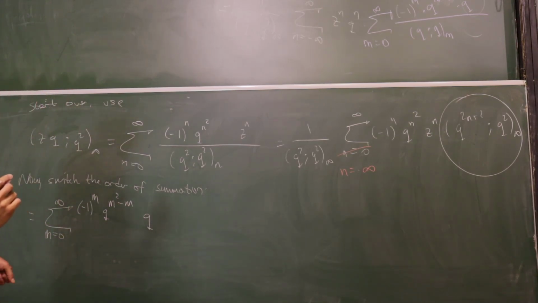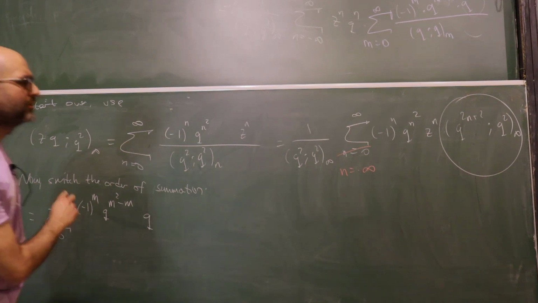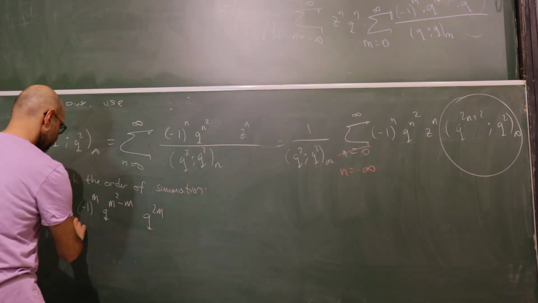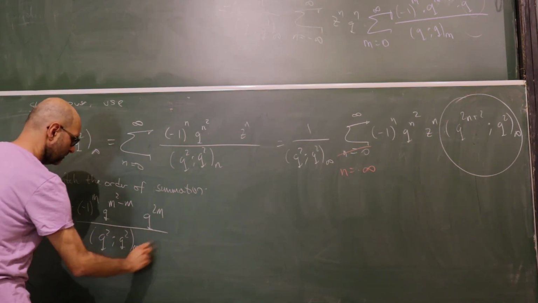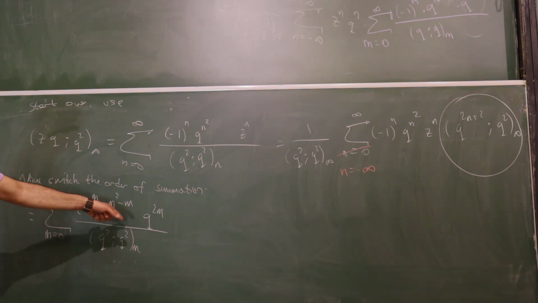What is it? We don't have any z's, do we? No. q to 2m. But we will get more z's in a minute.